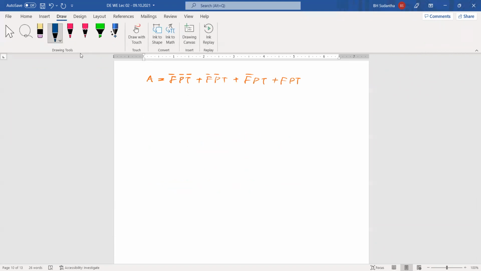Then we have to generate F, P, T, and we can generate F bar, P bar, T bar also. Then just think about the first term. F bar, P bar, T bar, we have to make that one. We can take this one as T bar.